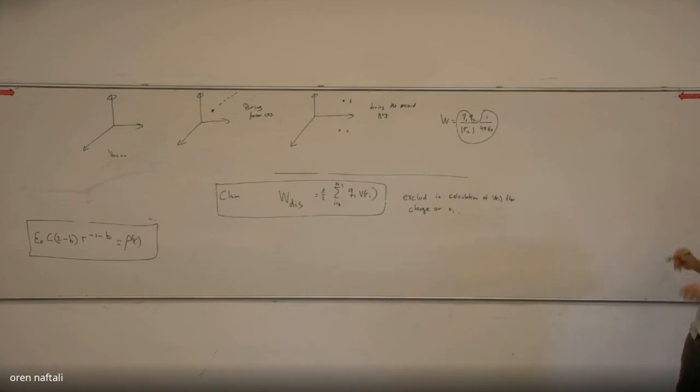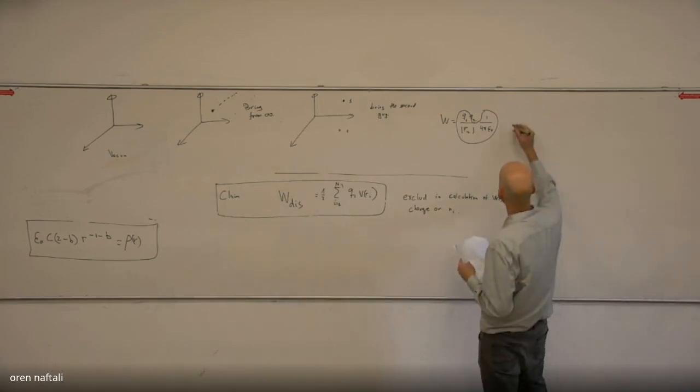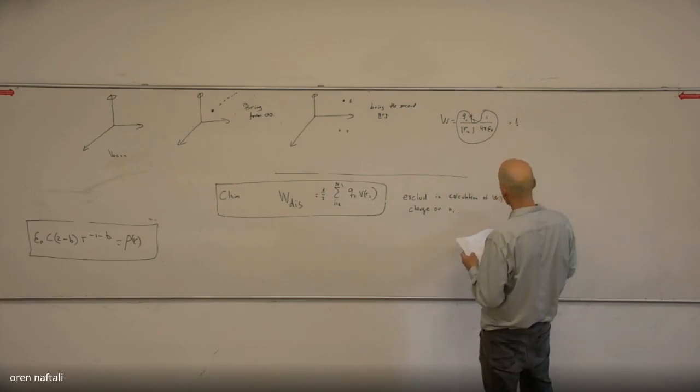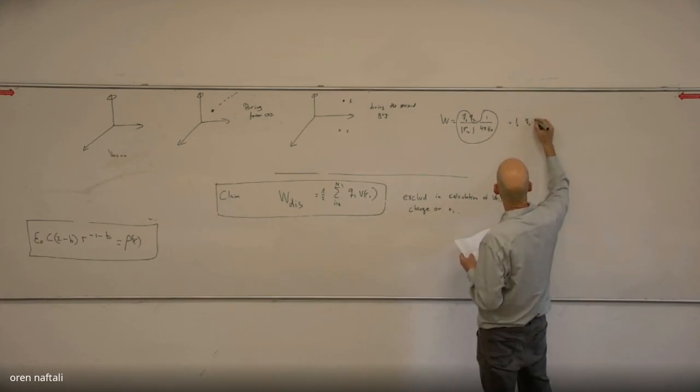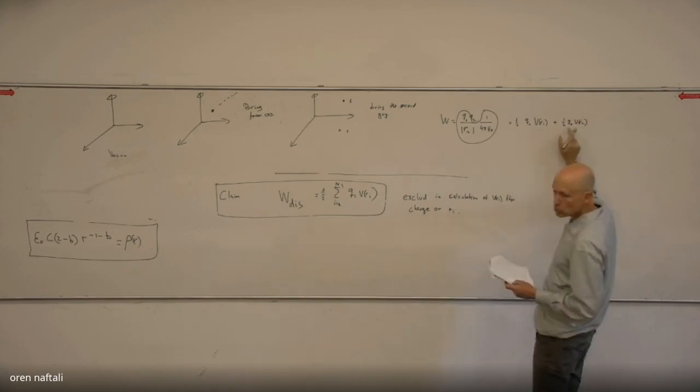But now a small trick. Let us write it like this. At the beginning, it sounds maybe even stupid in this case. But I can write it as Q1 V(R1) plus 1 over 2 Q2 V(R2). And what are these two potentials?